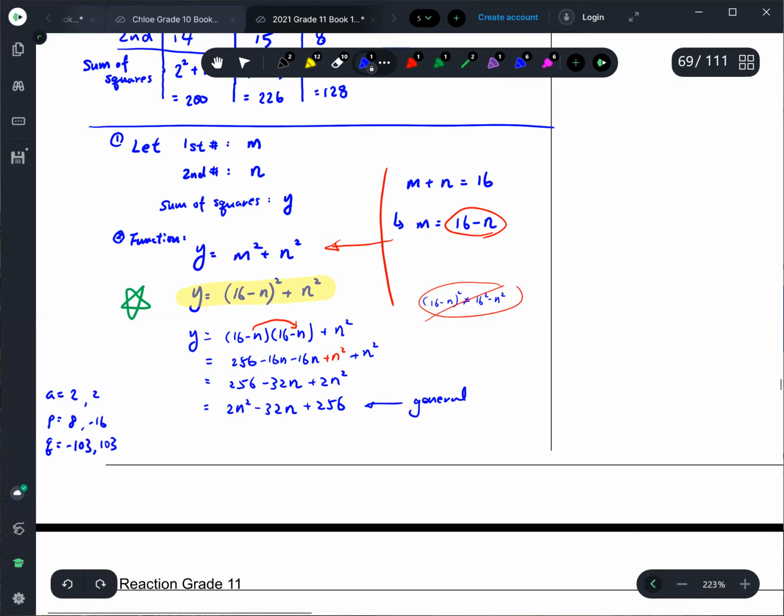Well, 103 positive, negative. Okay, so you have a different P. Okay, Angeline, how about yours? I got 2, negative 16, and negative 103.